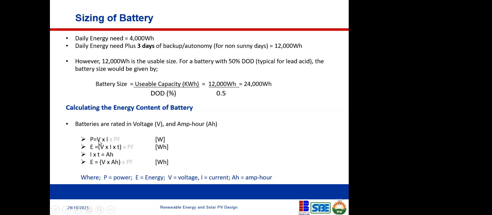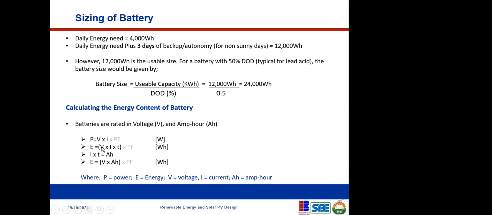So we have voltage times current. Now this E here represents energy. Power is equal to voltage times current.